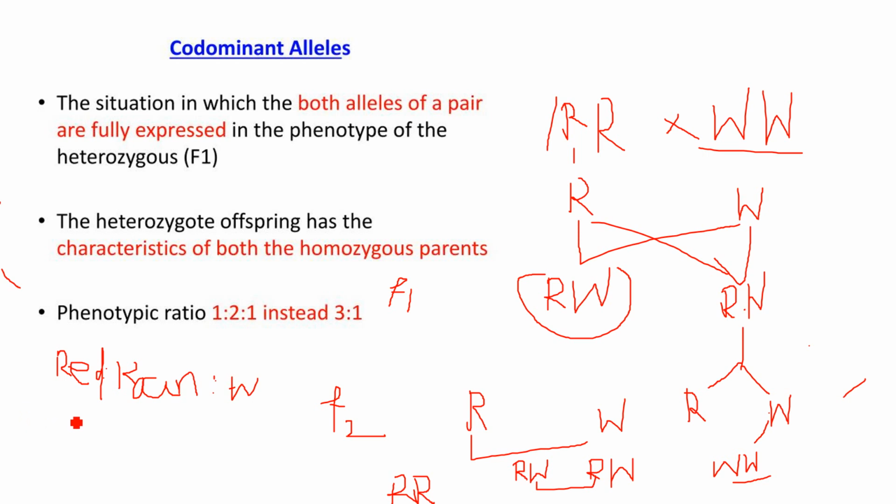Red came one time, roan two times, and white only one time. So this is the ratio 1:2:1. And the genotypic ratio is also the same: RR, RW, WW. In case of the genotypic ratio it is 1:2:1.